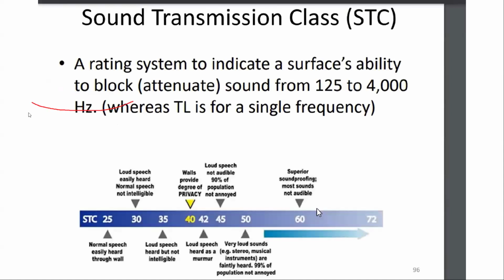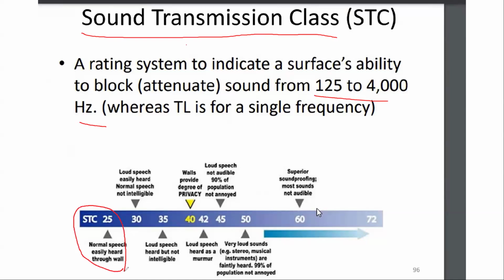We need to look at the STC for a second. So we're going to solve an STC question. I'm pretty sure you covered STCs in the classroom, but just to do a quick review, sound transmission class is a rating system for indicating a surface's ability to block sound at certain frequencies. So it's a rating system, right? If something is rated as STC 25, it means that normal speech can be easily heard.